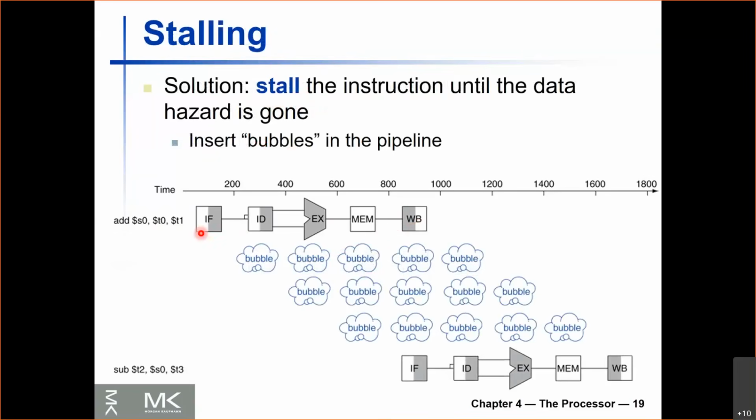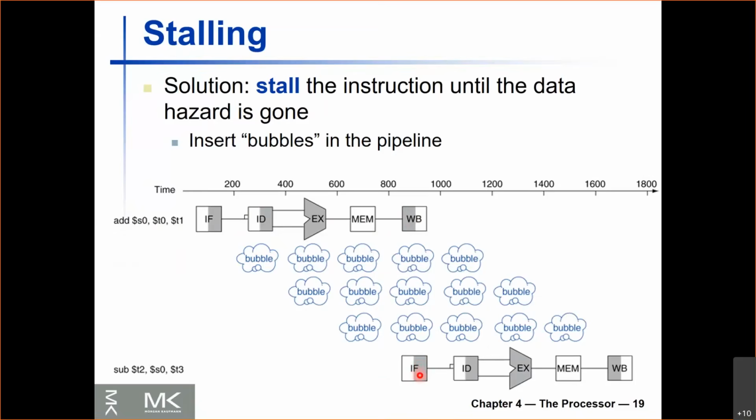In other words, rather than beginning the subtract instruction on the next cycle, we will stall until it becomes feasible for us to execute the subtract instruction without a data hazard. So this is one possible solution.